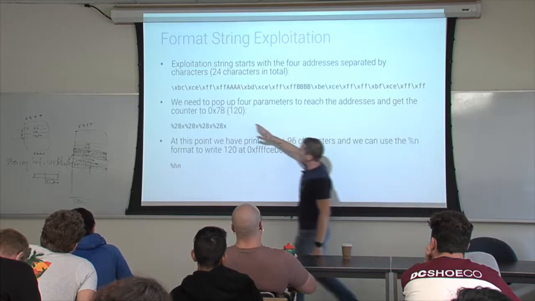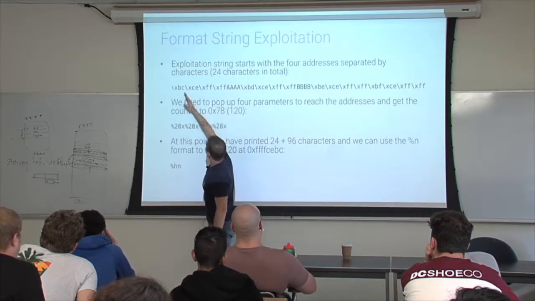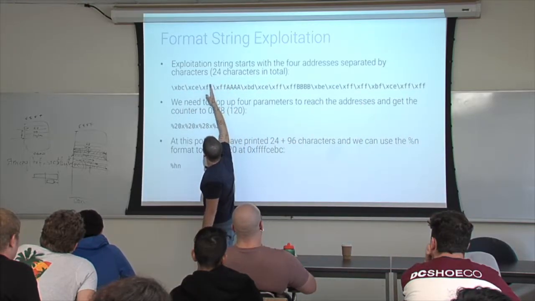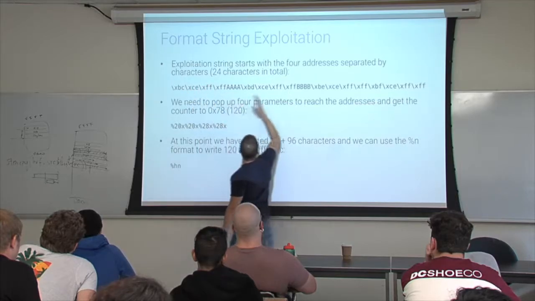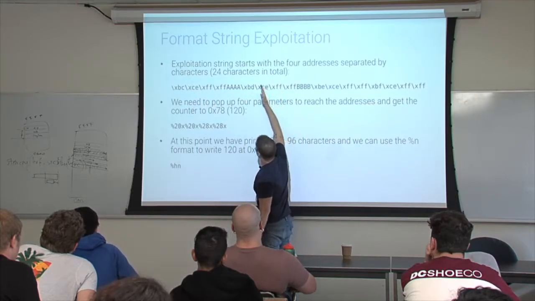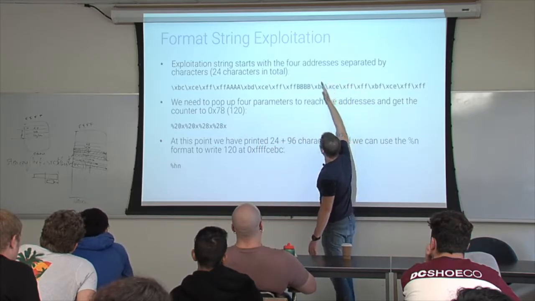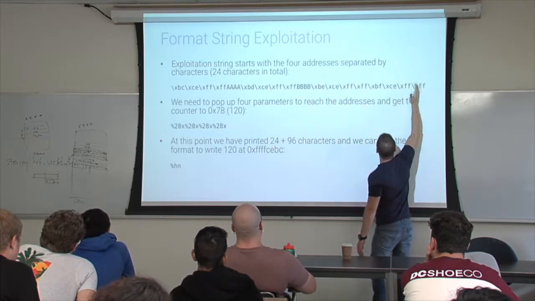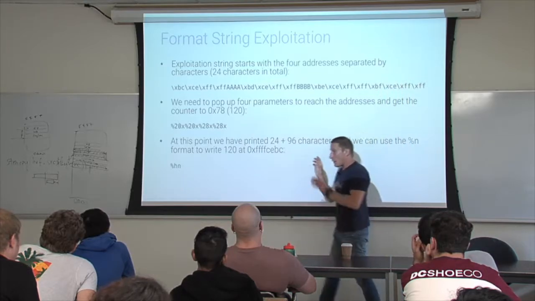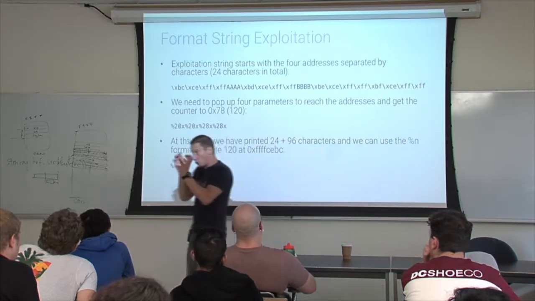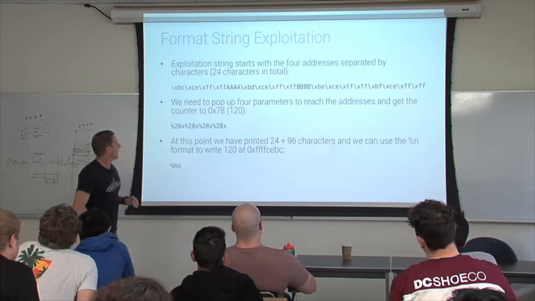If you look at these addresses, this is FF, CE, BC. FF, CE, BD, so the following 2. FF, CE, BE, the following 2. FF, CE, BF. These are the 4 addresses of these 4 shorts that we're trying to write.